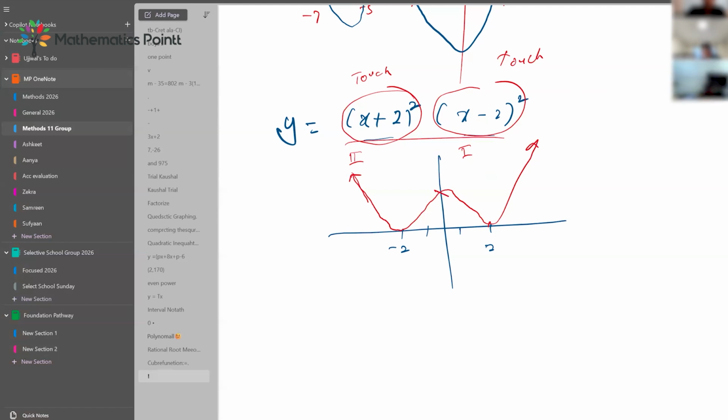If I have a negative in front, then you have something like this. Reflection, simple. Now let's take an example of a triple root.